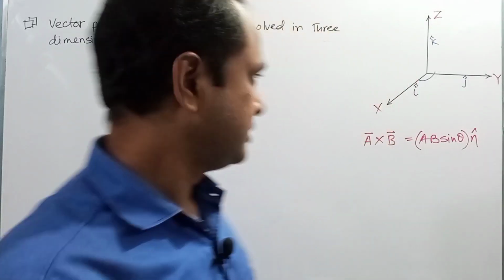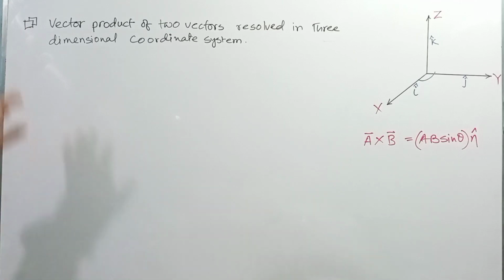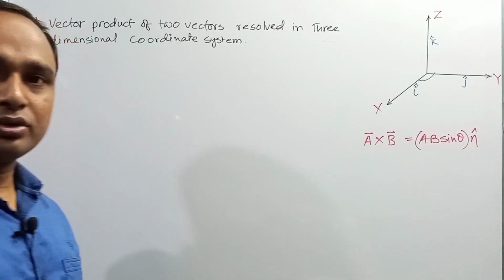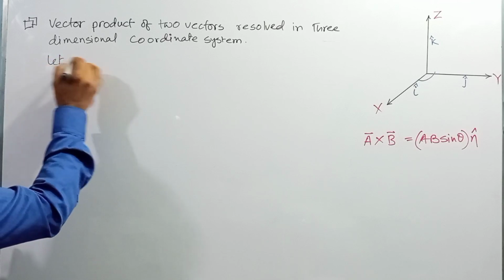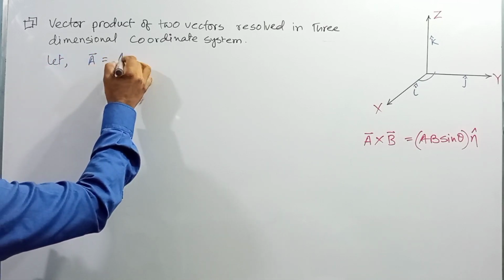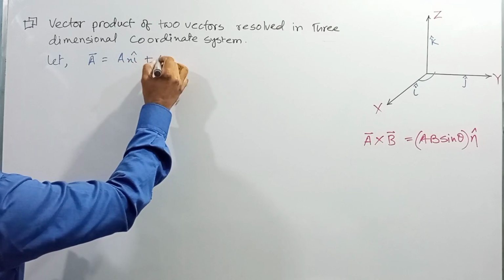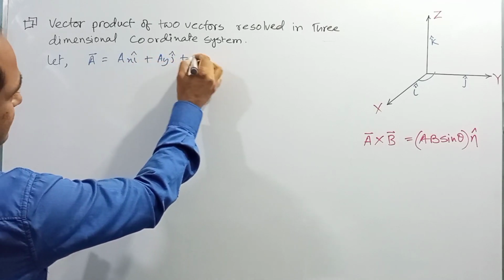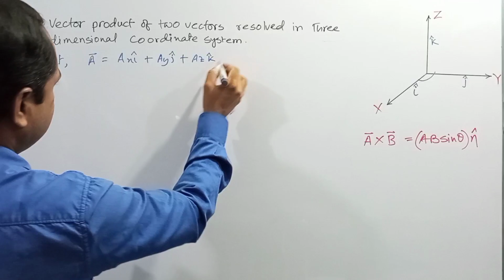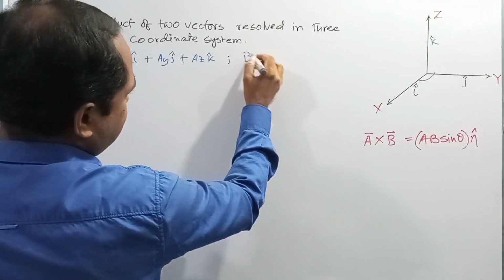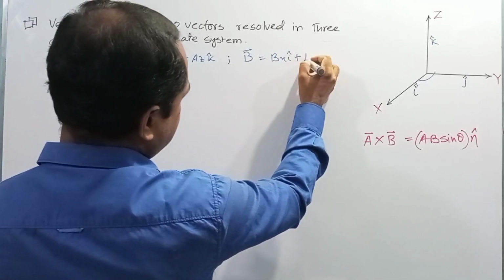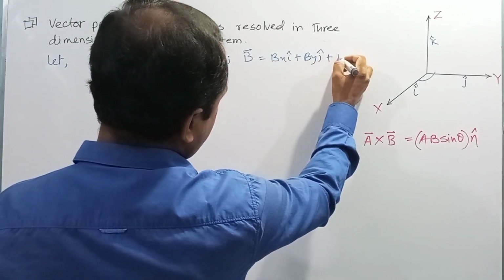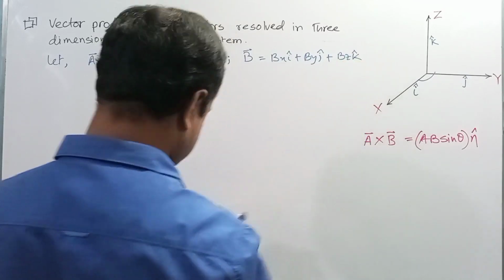Dear student, now we are going to observe the vector product of two vectors resolved in a three-dimensional coordinate system. Suppose A is a vector, it has three components, axi plus ayj plus azk. Similarly, B is also a vector, it has three components, bxi plus byj plus bzk, right?